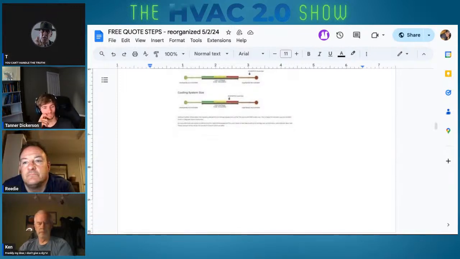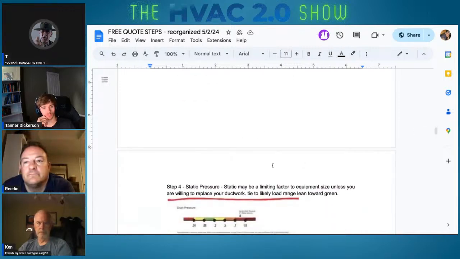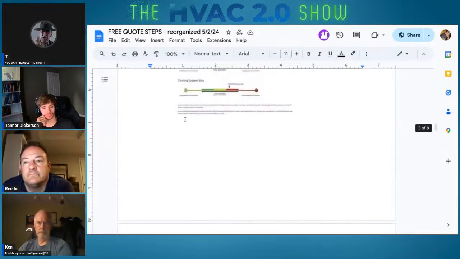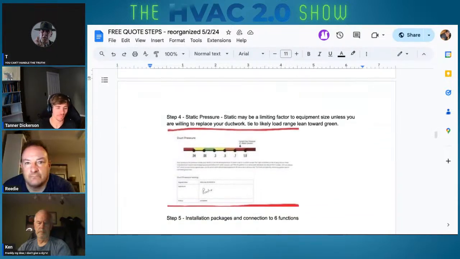Then it's like, this is another reason we encourage people to lean towards the green, because if your static's wrong and you put new equipment in the yellow or the red, you may find yourself needing to spend $10,000 to $12,000 improving or replacing your ductwork. And even then, what we find is if people have the wrong equipment, even if it matches the ductwork, that doesn't necessarily mean you're going to have comfort.